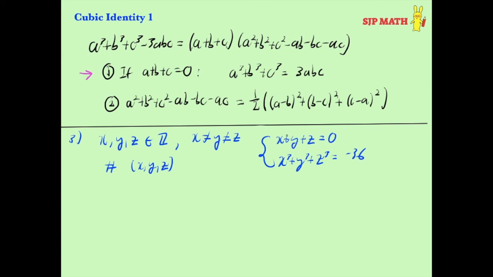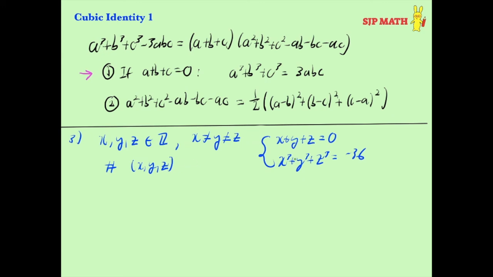Again, as with the problem before and the problem before that, this identity jumps into our mind as soon as we see that the sum of some integers is equal to 0, and we're given the value of the sum of the cubes of those numbers. Then we can instantly use this identity to solve the problem.